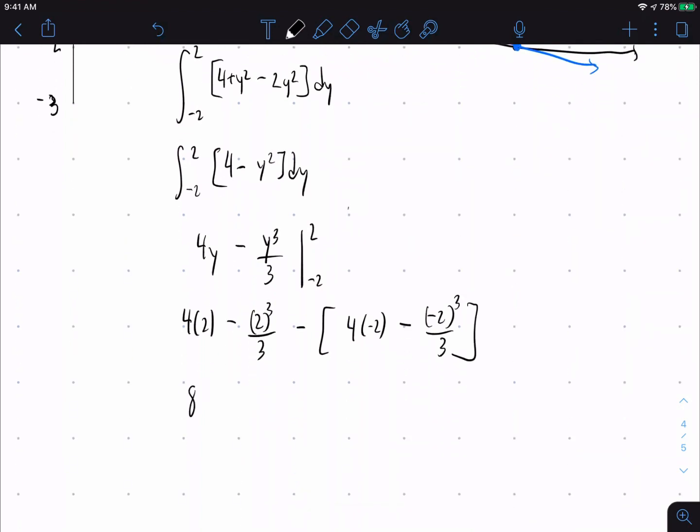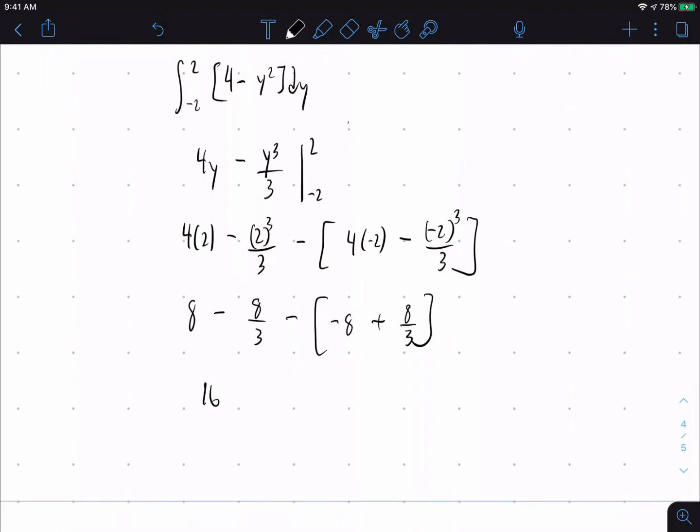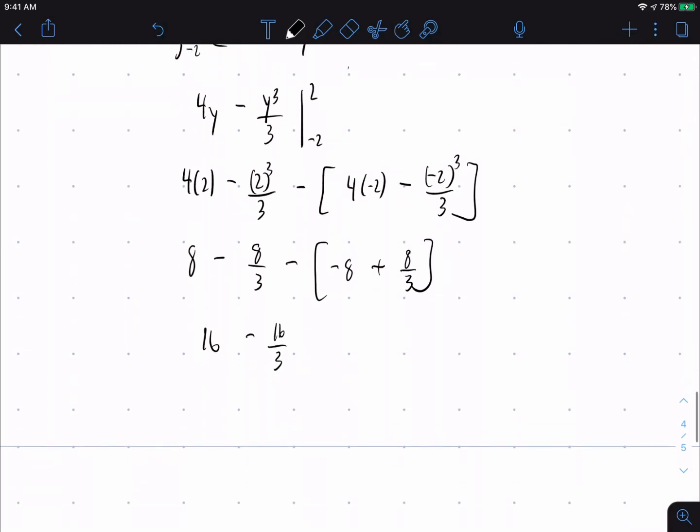And what's that going to be? 8 minus 8 thirds minus a negative 8 plus 8 thirds. So that's going to give me 16 minus 16 over 3. That's the same as 5.